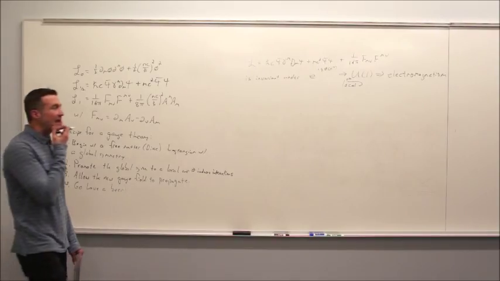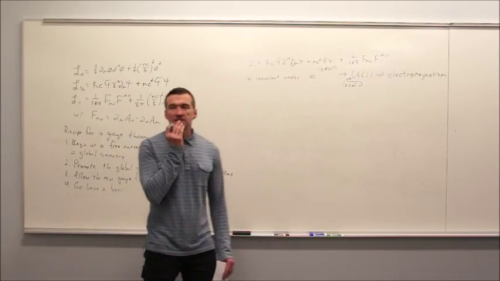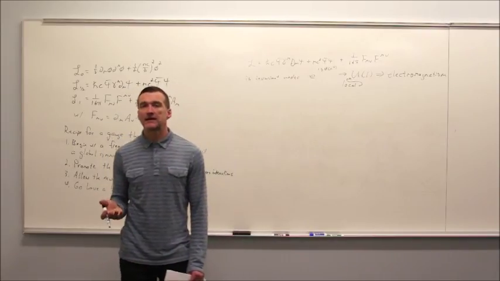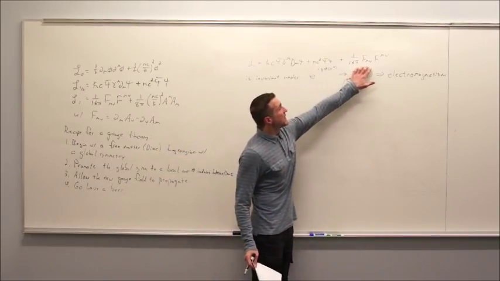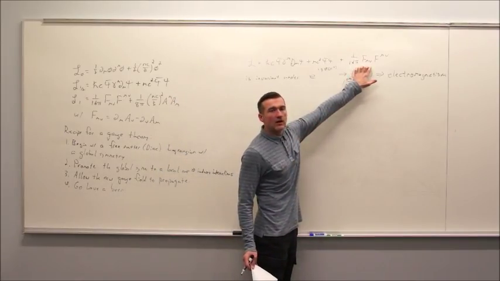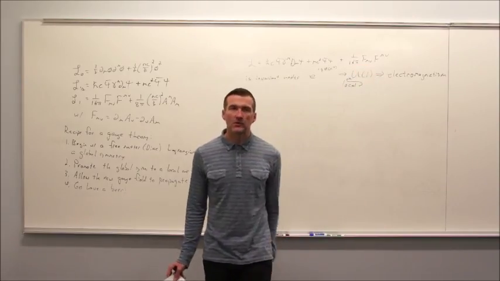So everything that I have done constitutes classical electromagnetism. This piece right here, if you take the Lagrangian and vary the action associated with it, and then find the equation of motion for A, this piece right here is going to flesh out Maxwell's equations.